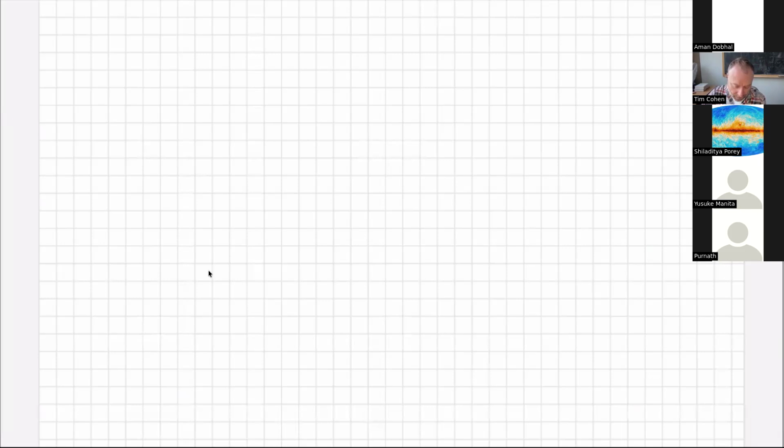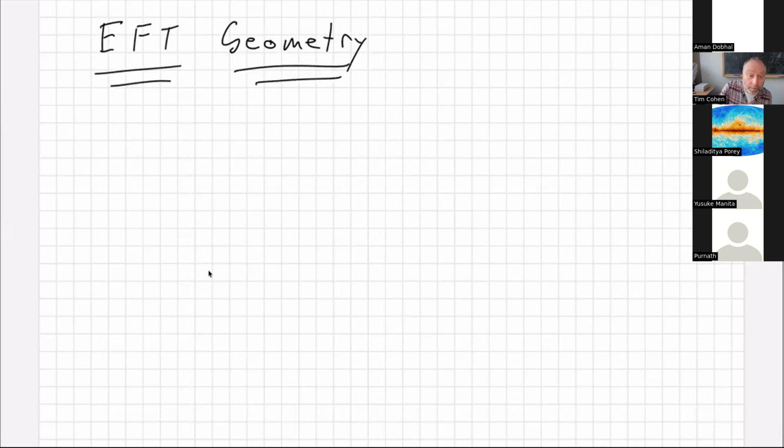The basic question is, really trying to understand this idea of EFT geometry. And so I want to spend most of my time today basically just setting up the question: what does EFT have to do with geometry?